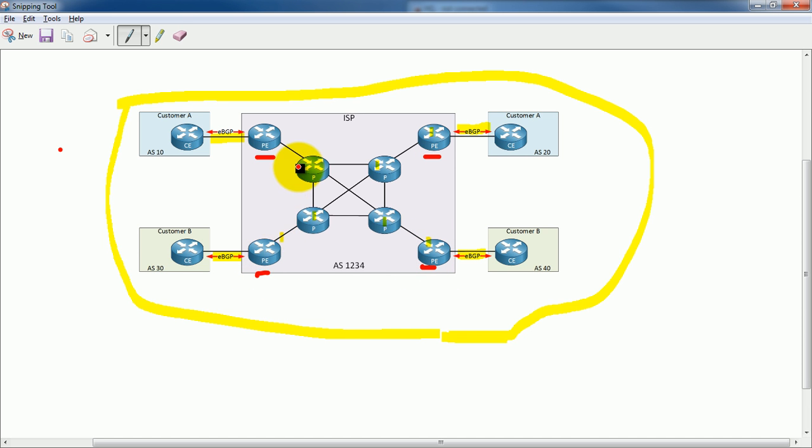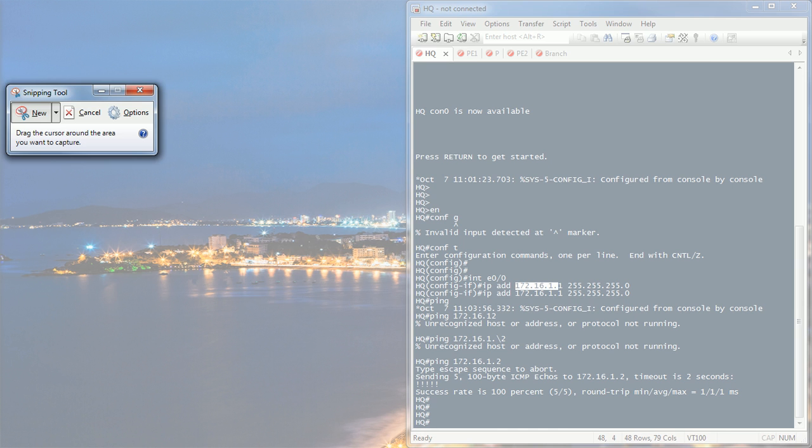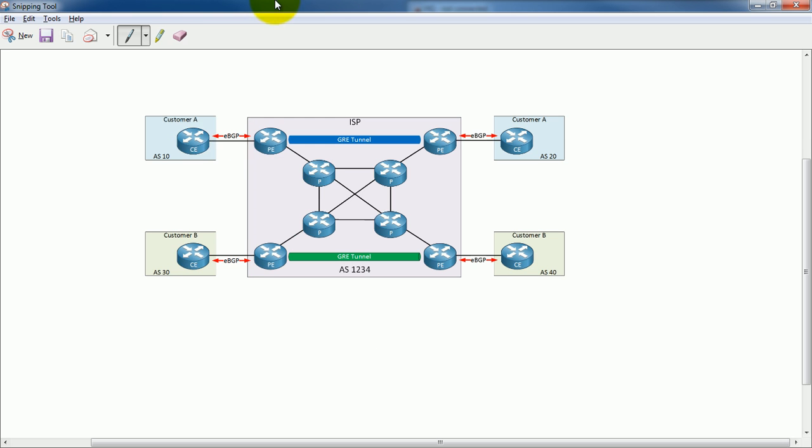Why not build a tunnel between the PE routers? A tunnel between this PE and this PE.